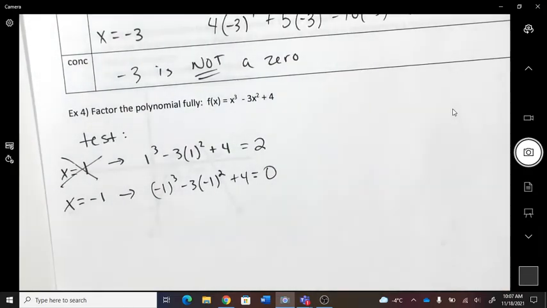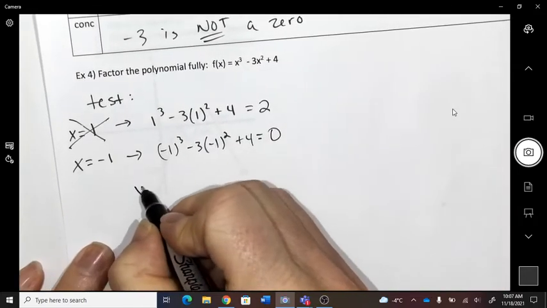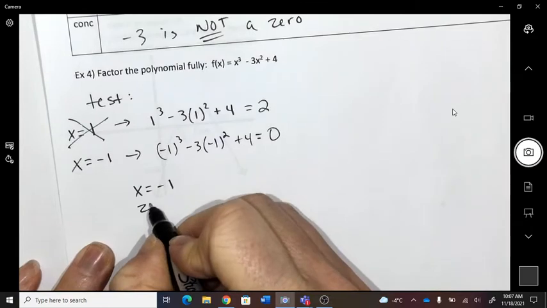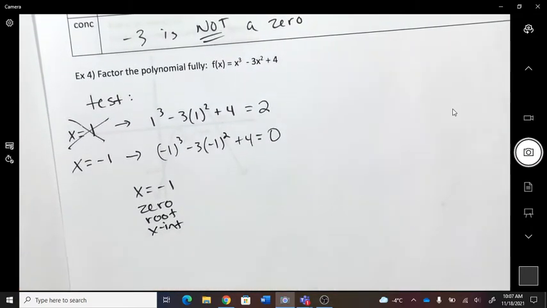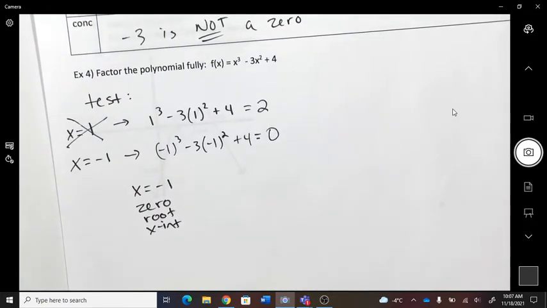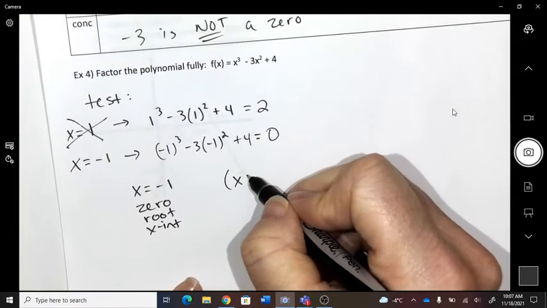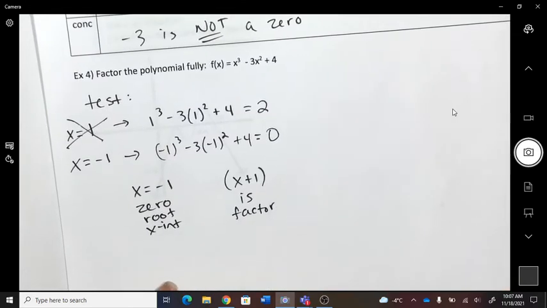So what do I know right now? I know x equals negative 1 is a 0 or a root or an x-intercept, whatever language you like. And what else do I know? X plus 1 is a factor. I know those things.